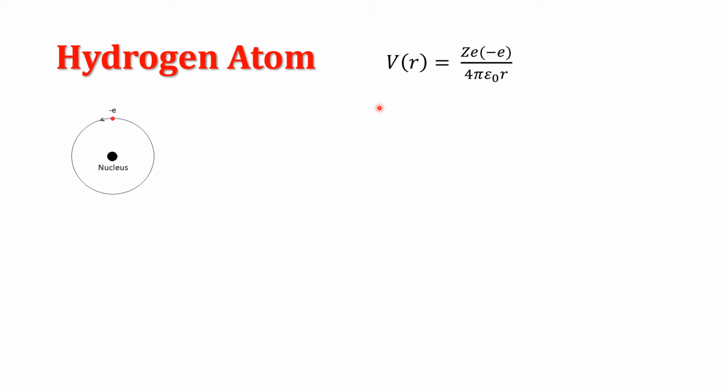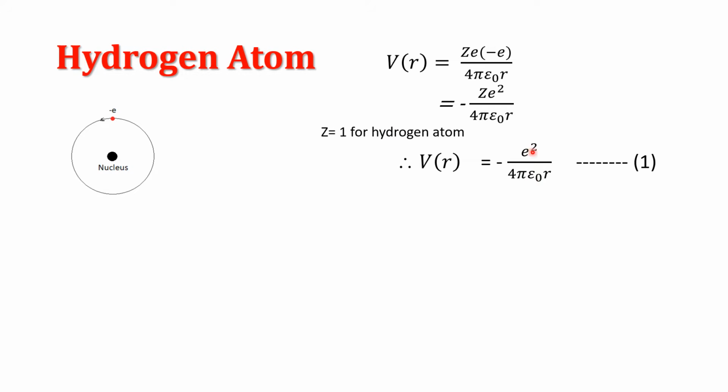For hydrogen, Z is 1, therefore its potential energy is minus e square divided by 4 pi epsilon 0 r.